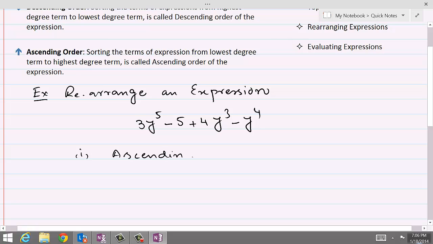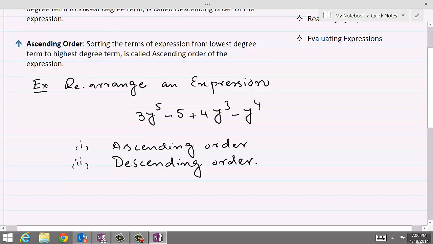Ascending order means lower degree term to higher degree term. Number two, in descending order. Descending order.